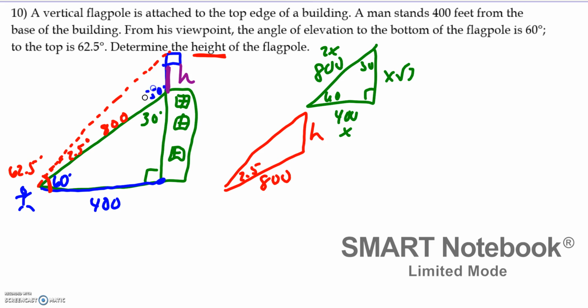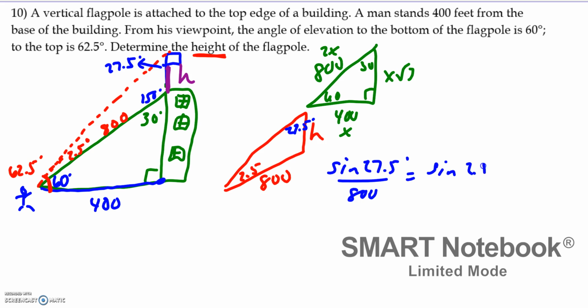Let me try that again, it's not neat enough there. So that would be 150. And so if this is 2.5 and that's 150, the remaining angle up here should be 27.5 degrees, which means here it's 27.5 degrees. And now I can use the law of sines. Sine of 27.5 degrees over 800 equals the sine of 2.5 degrees over the height.